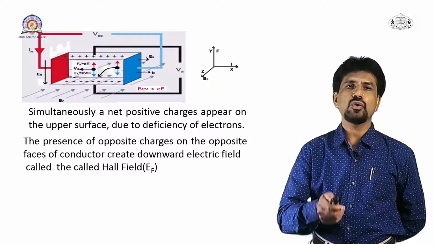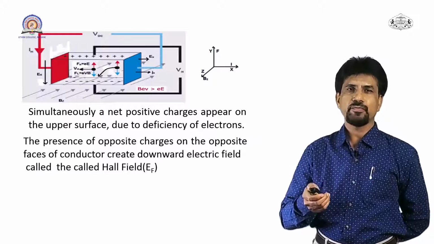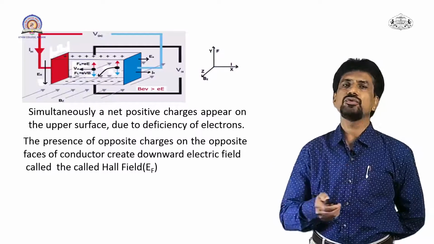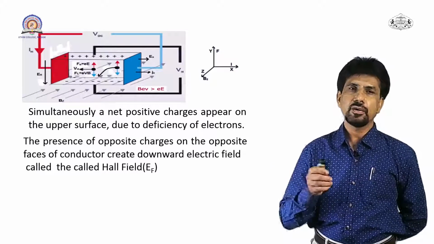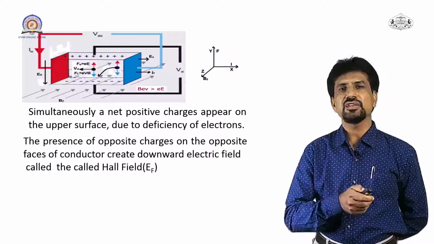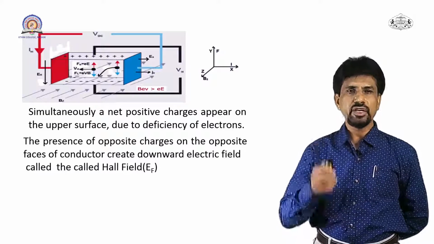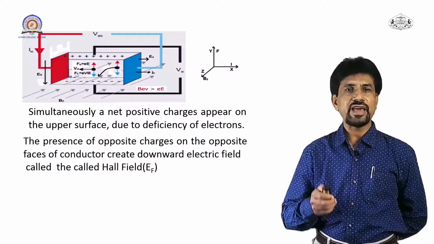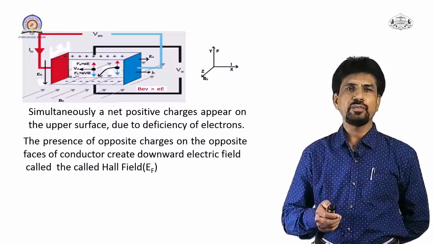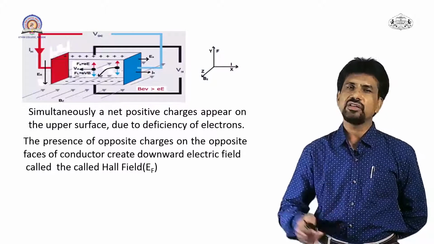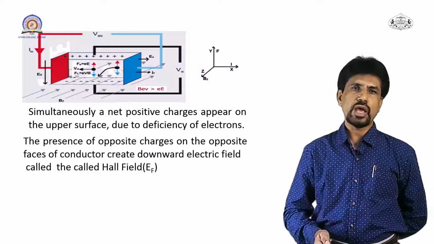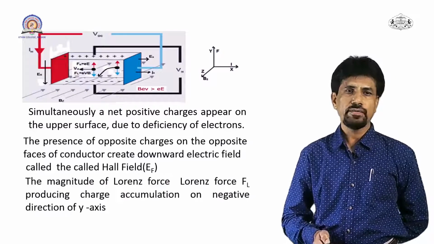So at the upper surface there is a layer of positive charges, and at the lower surface there is a layer of negative charges. In between these two there is the formation of the electric field in the downward direction, and that electric field is known as the Hall field.